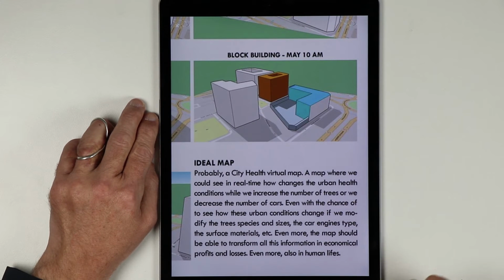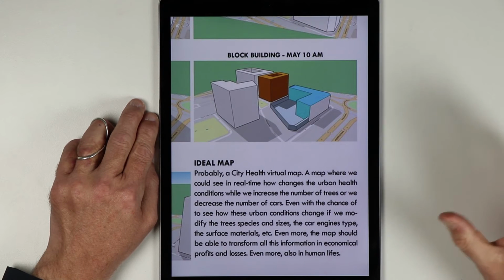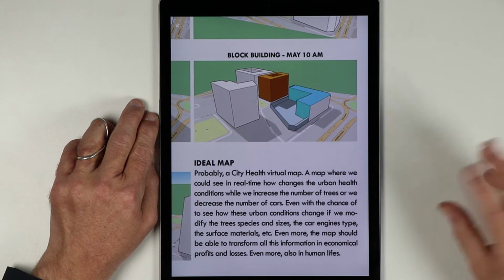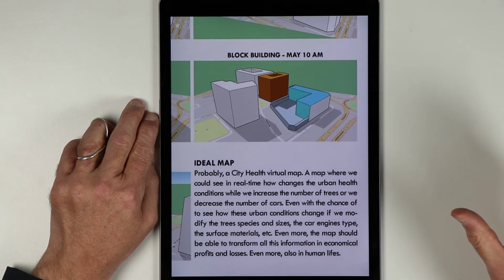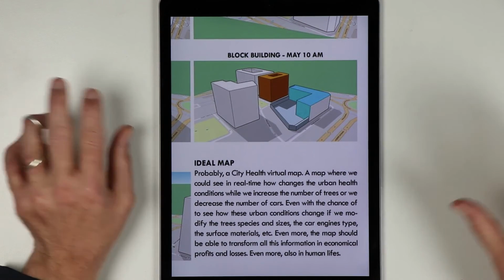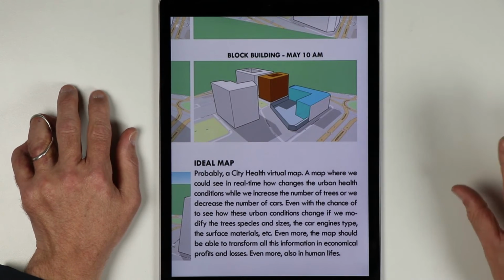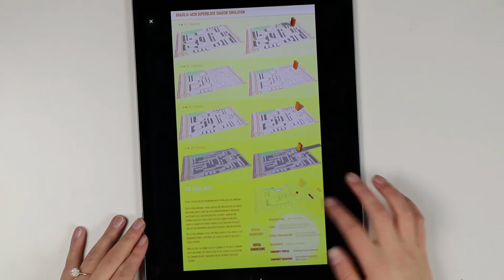He says, if there is one thing that we should include in a map, it is information regarding health. A health virtual map. That would be the ideal map, that we can have real-time information on the number of cars, on smog, on noise, on light, etc. And that we can mold our environment according to that information.